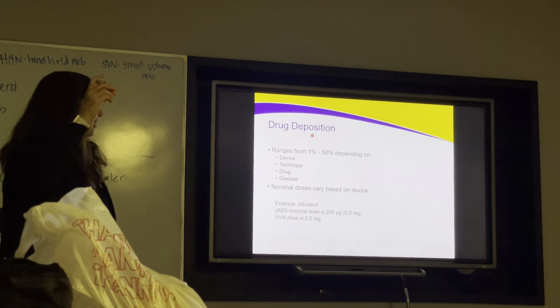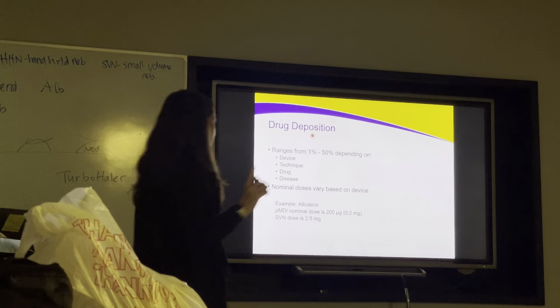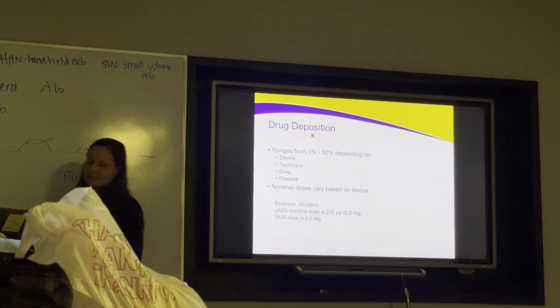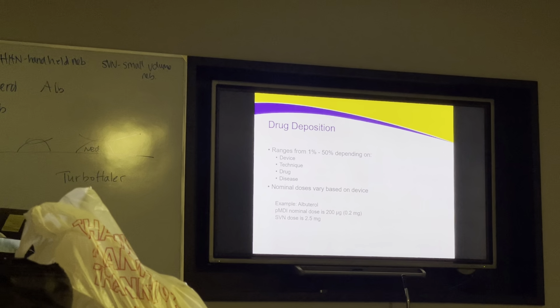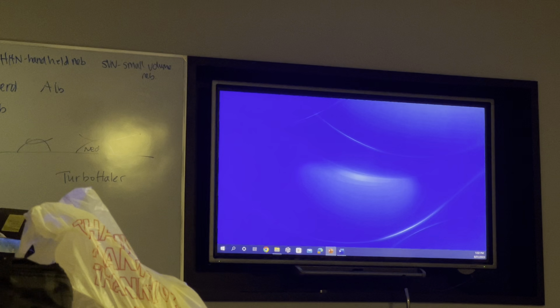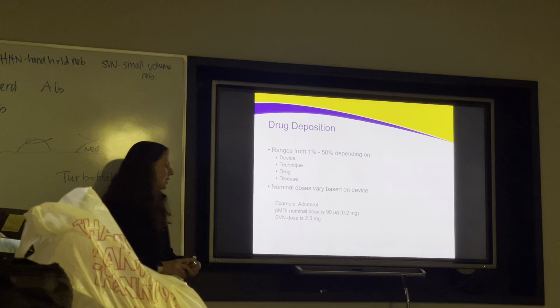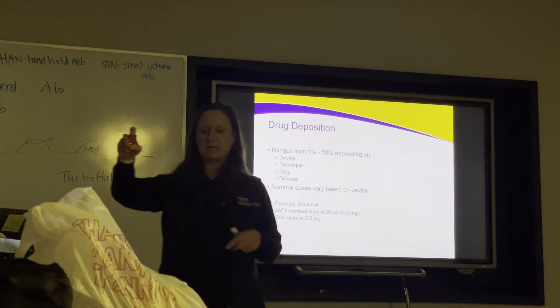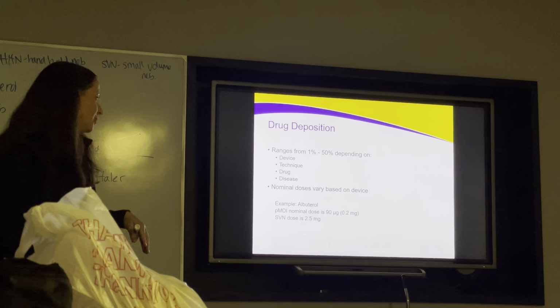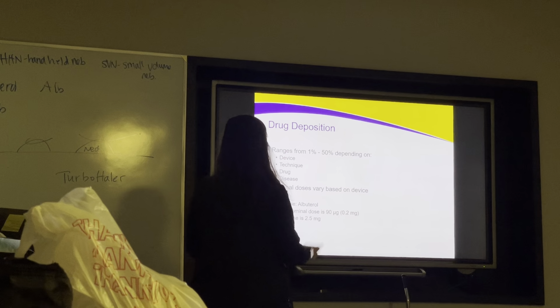Sometimes, it seems high, I think it's 90. Cross that out, put 90 right there. I'm fixing that right now. Okay, fixed, it's 90. So every time I hit a dose, I get 90 micrograms of albuterol.